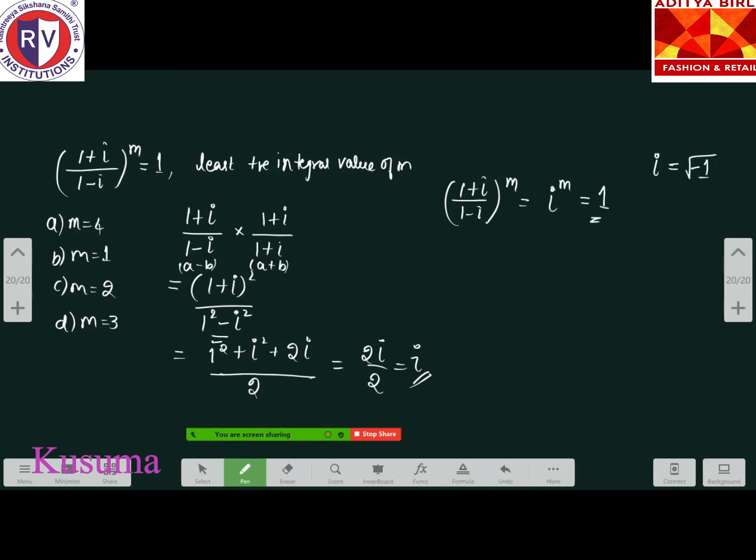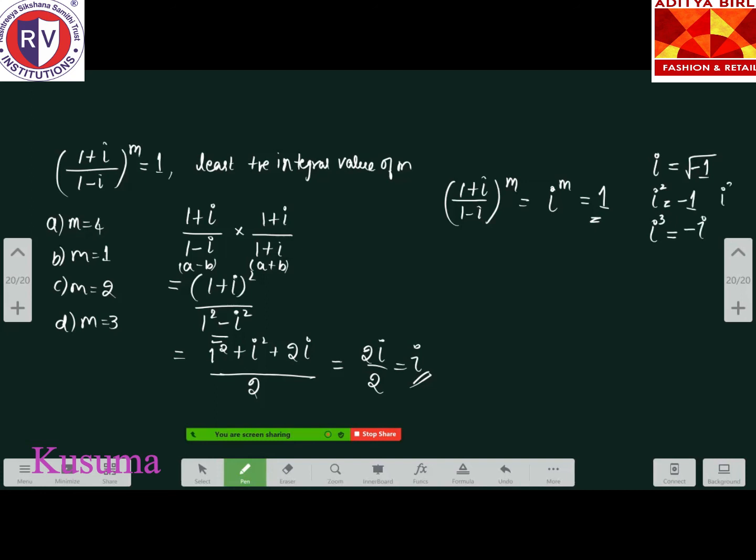This is not equal to 1. What about i square? Minus 1. No, this is also not equal to 1. What is i cube? Minus root minus 1, that is minus i. Right.